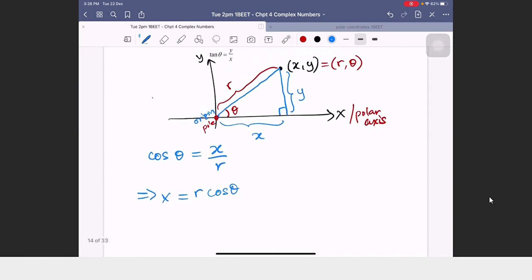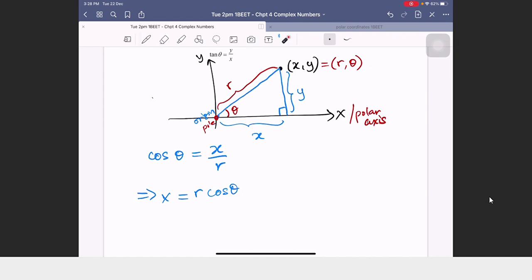Now if you look at the relationship between y, r, and theta, this is our opposite, this is our hypotenuse, this is angle theta.